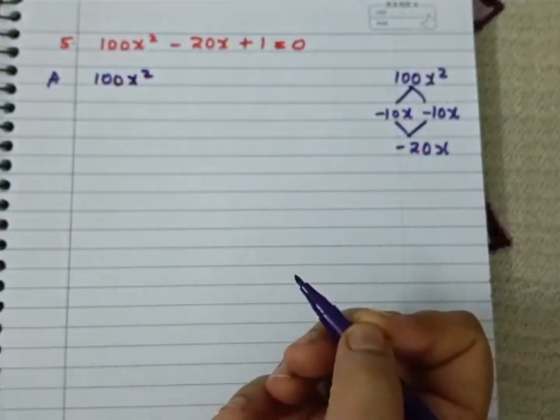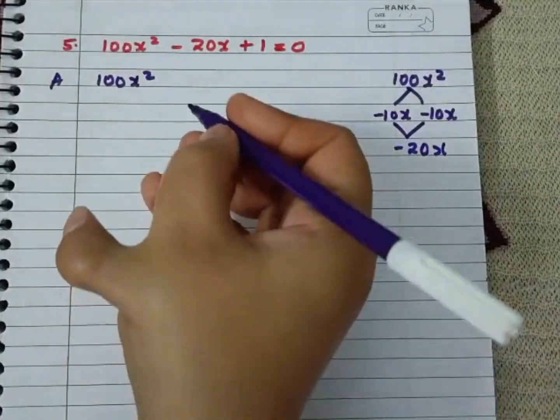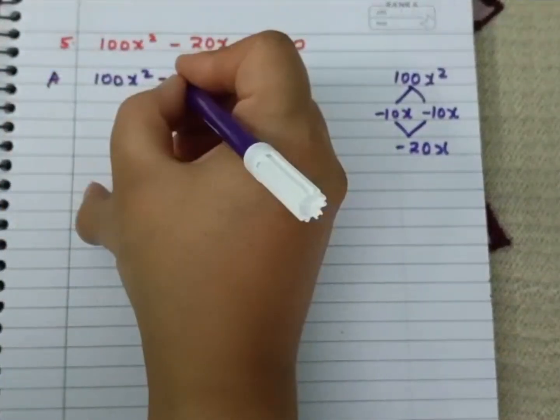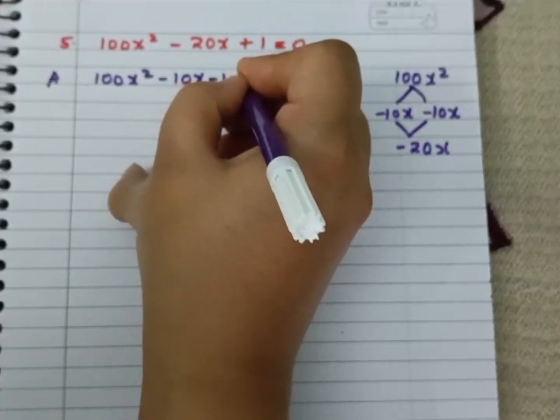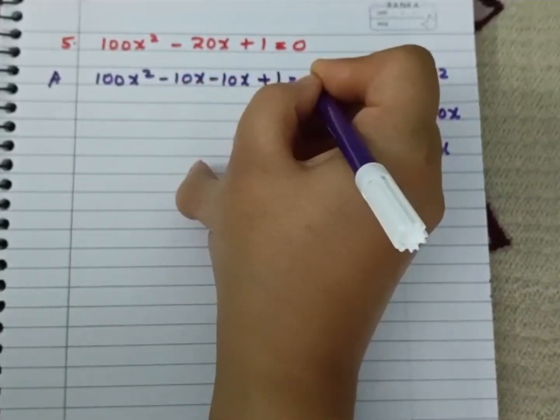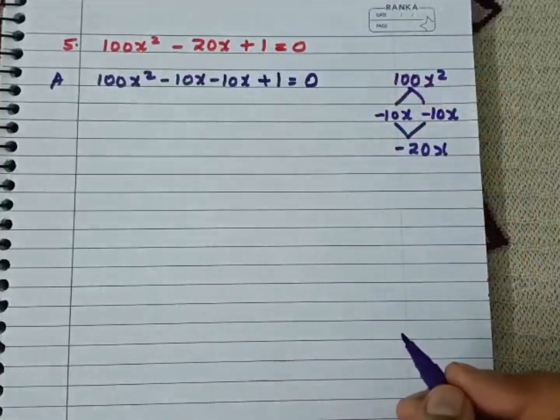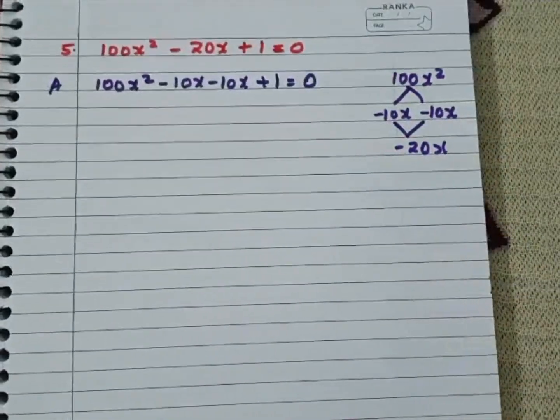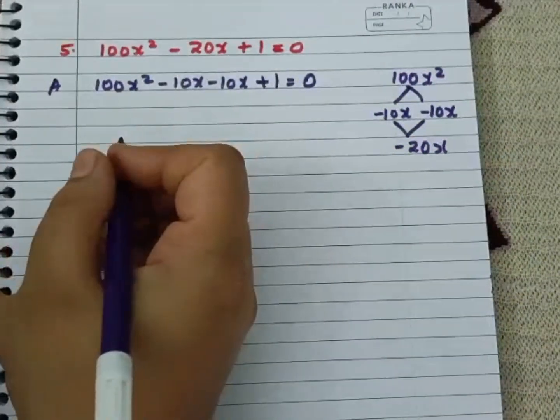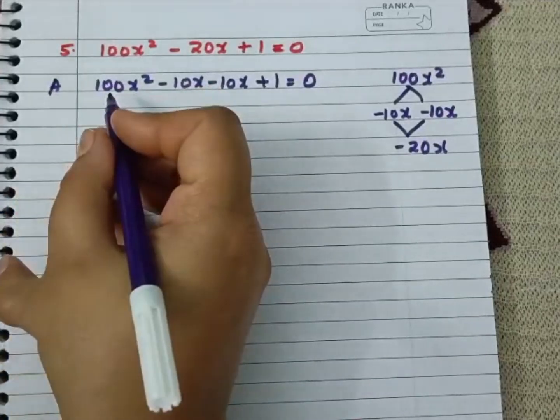So 100x square minus 10x minus 10x plus 1 is equal to 0. So how I'm going to get 10x square?